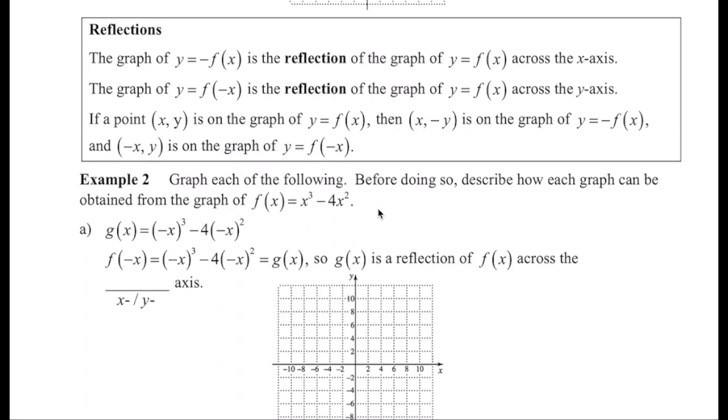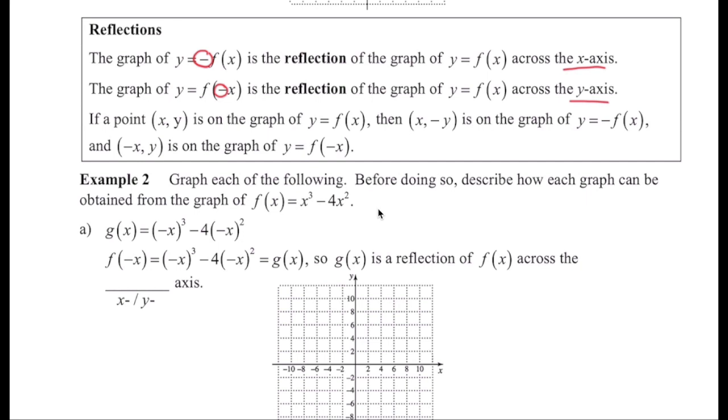Let's talk about reflections across the x-axis and the y-axis. If we have a negative on the outside of our function, that tells us that we're going to reflect across the x-axis. If our negative is on the inside of our function, we're going to reflect across the y-axis.